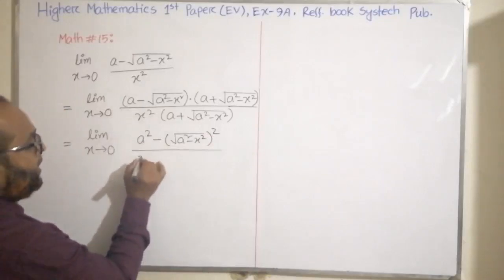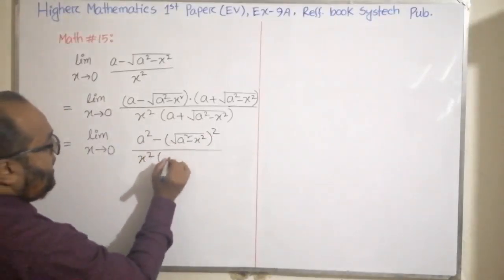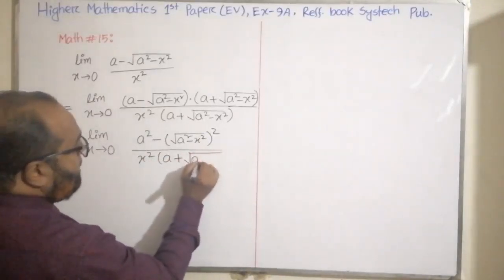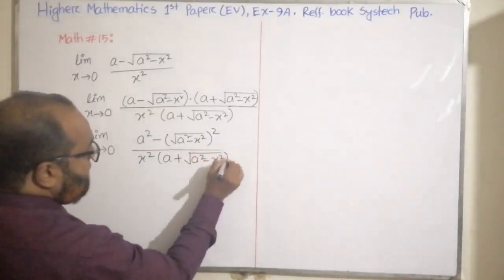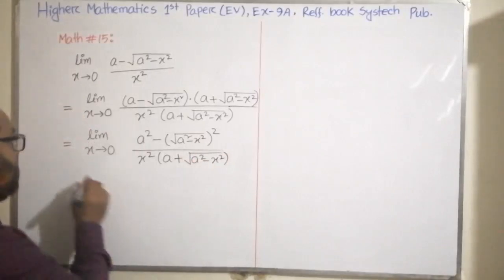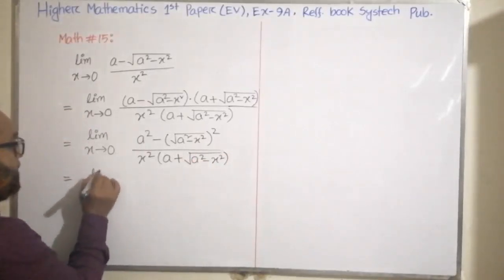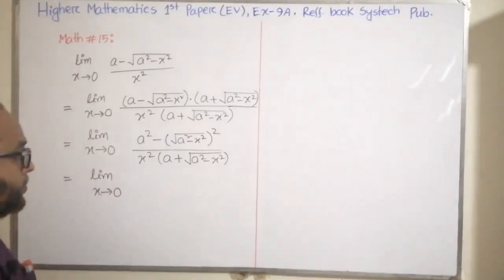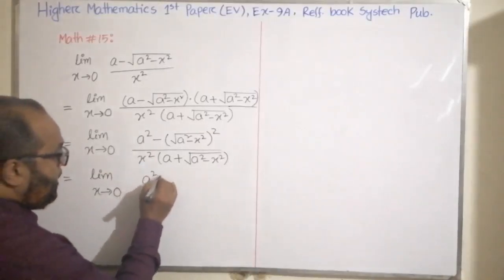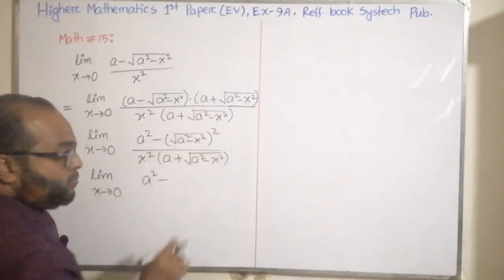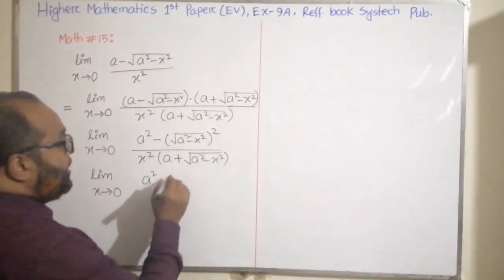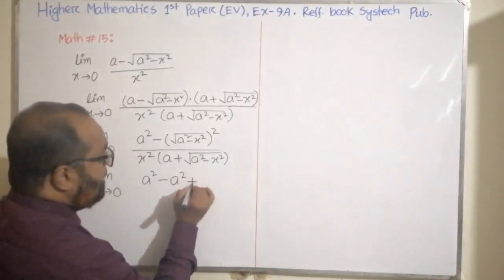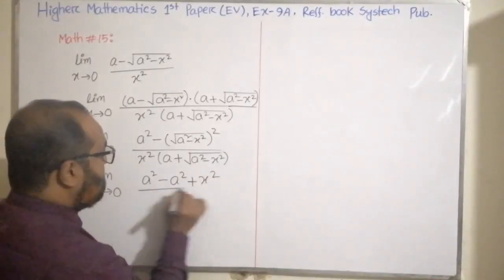And here we get x square into a plus root over a square minus x square. This equals limit x tends to 0, a square minus a square root and square, this is cancelled, and we can write minus a square and plus x square.